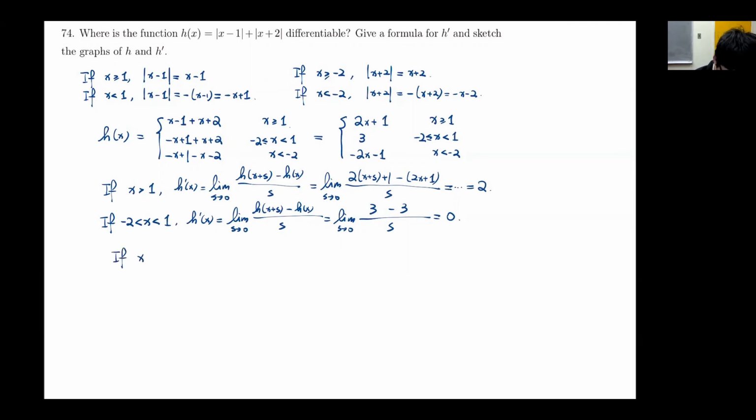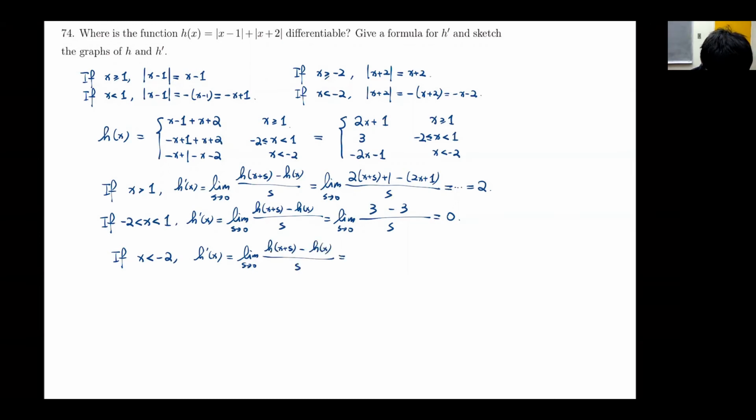Finally, if x is less than minus 2, you just do the similar computation, but now just use the same formula for h of x plus s minus h of x divided by s.